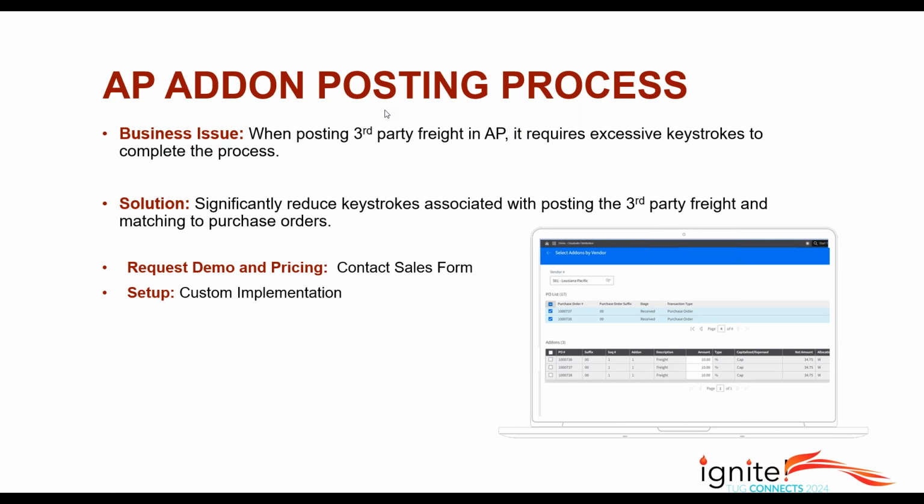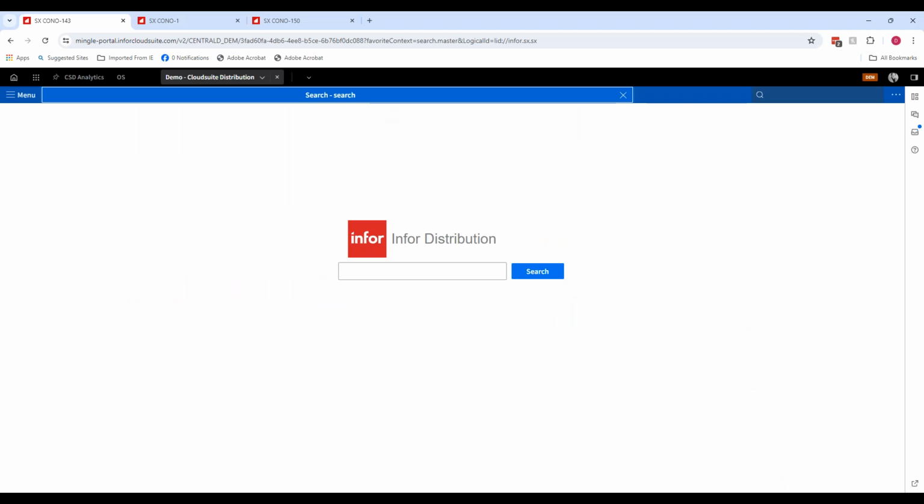Then they went out in the field and did a major quality of life enhancement where the tool is significantly better. It's tremendously better today. But what they didn't do was update the process for customers who get third-party freight bills that they apply, so we went in and fixed this process because it's horrible the way it exists, and we made it really usable for your users.